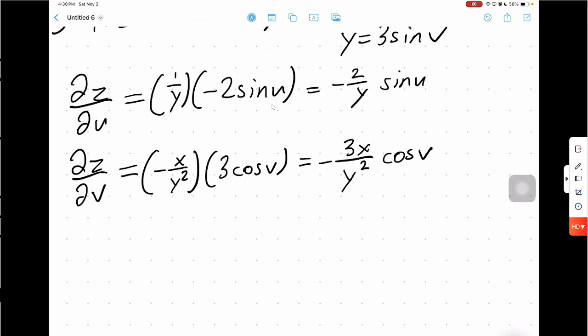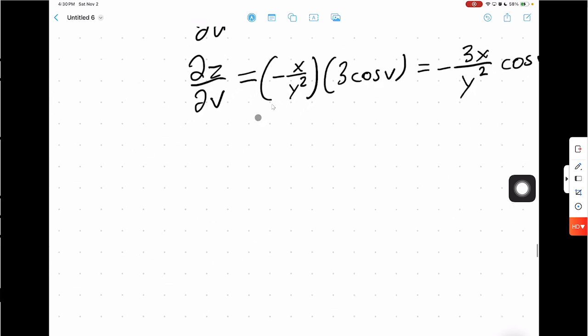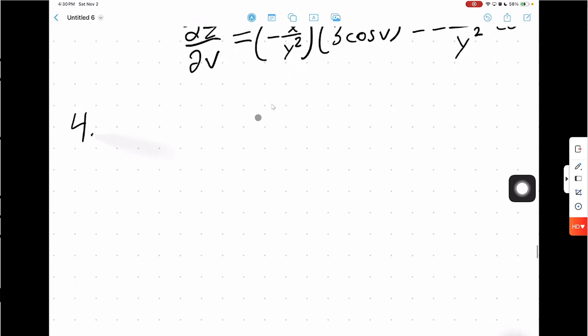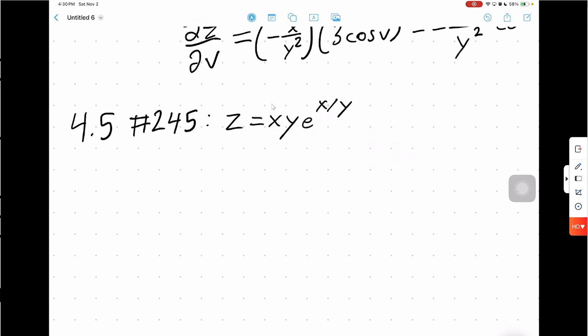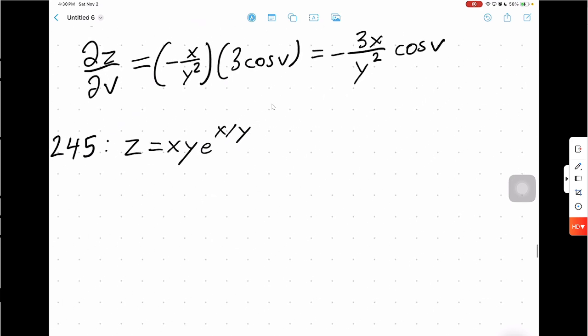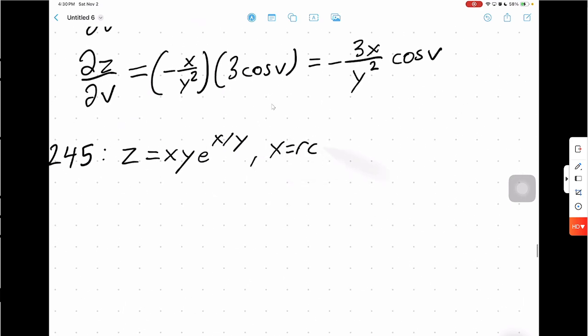245. Z is equal to xy e to the x over y, x equals r cosine theta, y is equal to r sine theta.